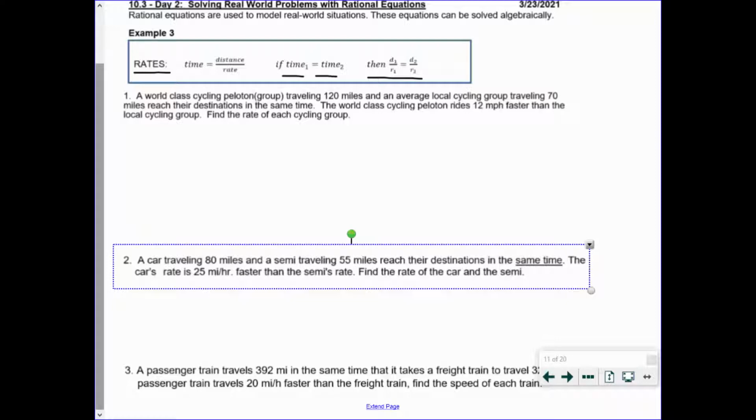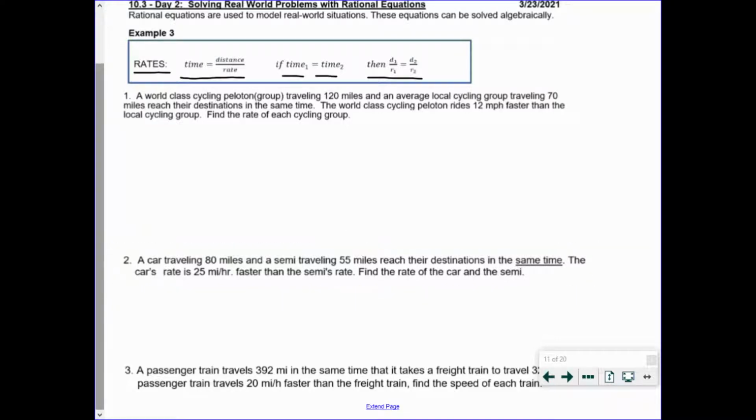We're going to use the formula time equals distance over rate. Since they both have the same time, we can set the distance over rate of each group equal to each other. The peloton group travels 120 miles, so their distance is 120.